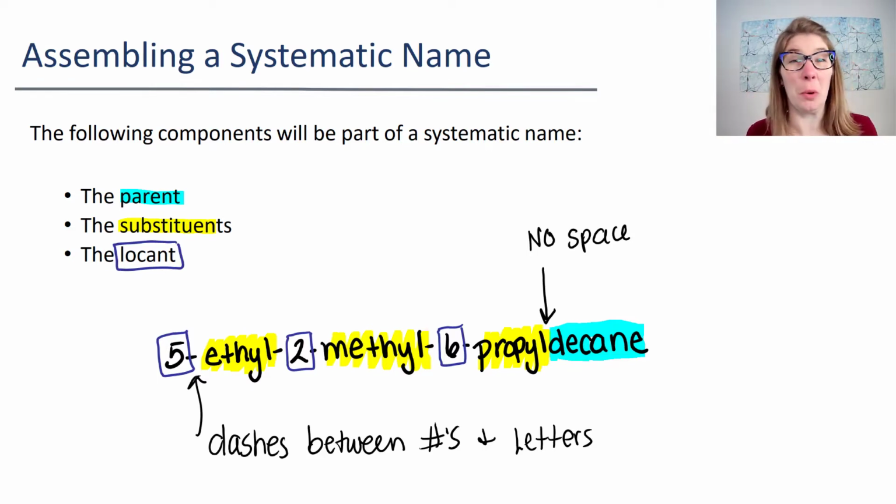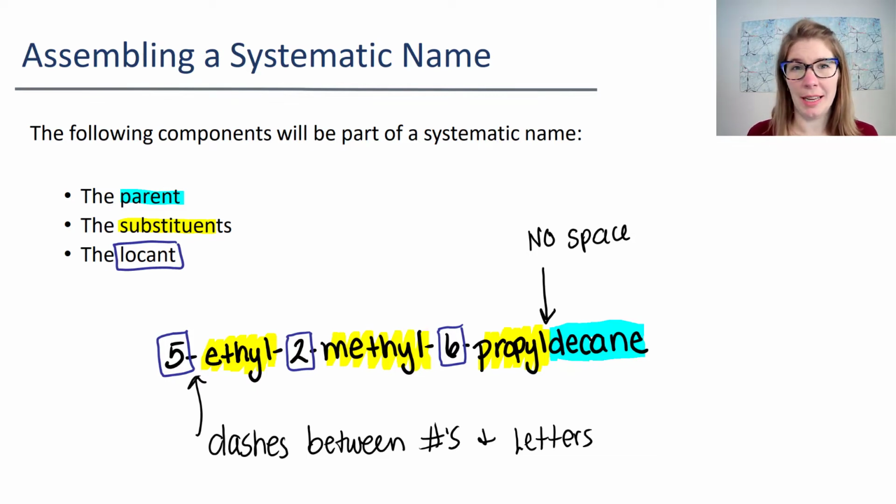This is really important, especially if your class uses an online homework system where you really need to make sure that your notation is appropriate. So what we're going to see is no spaces between letters, dashes between numbers and letters, and once you get to an example later on, if you have 2 numbers next to one another, they're separated by a comma.